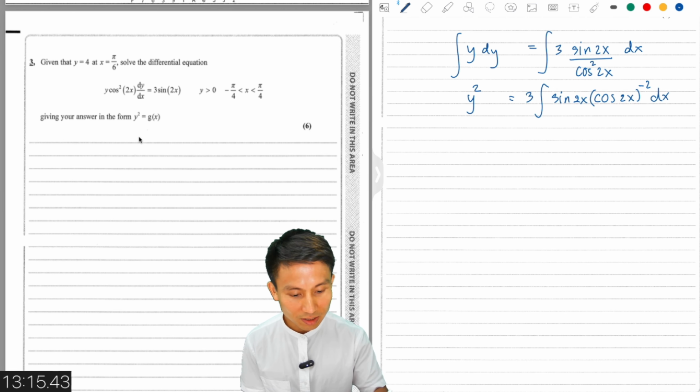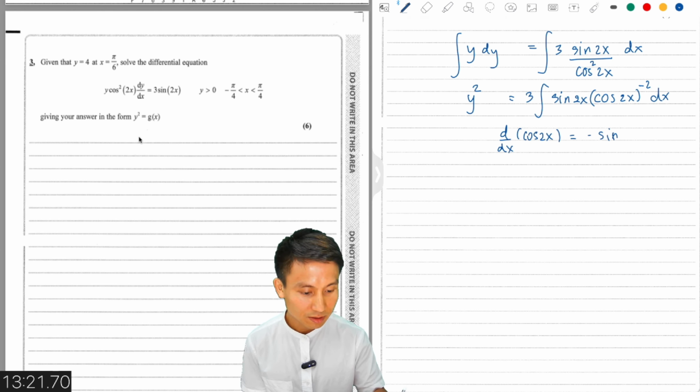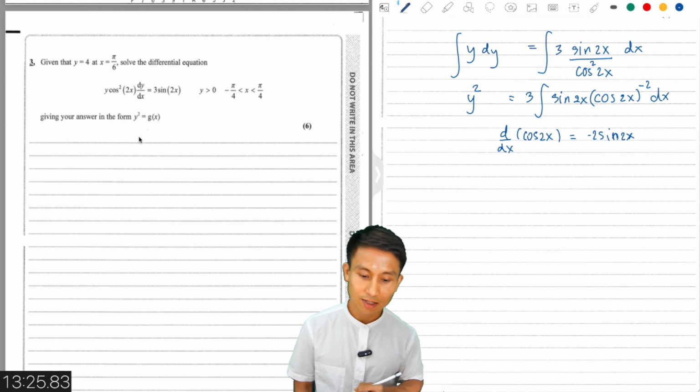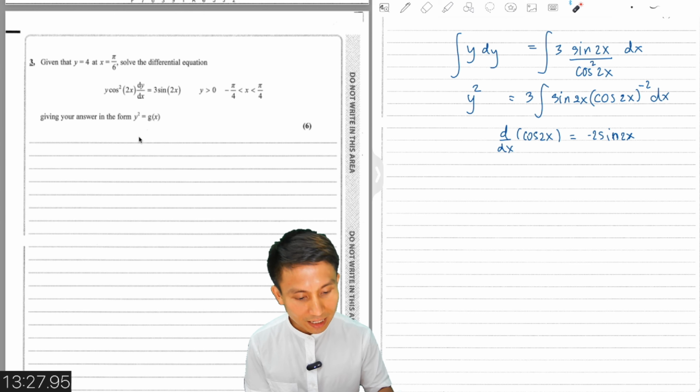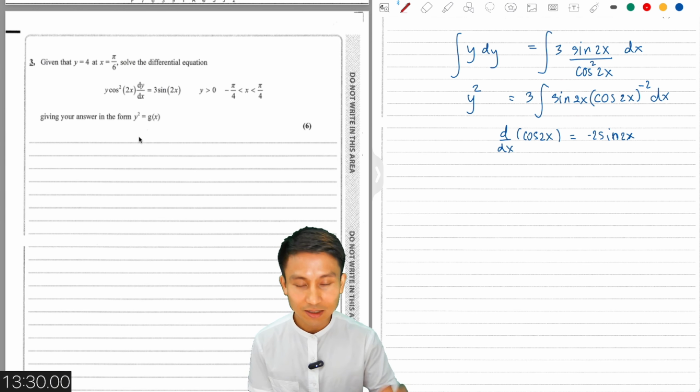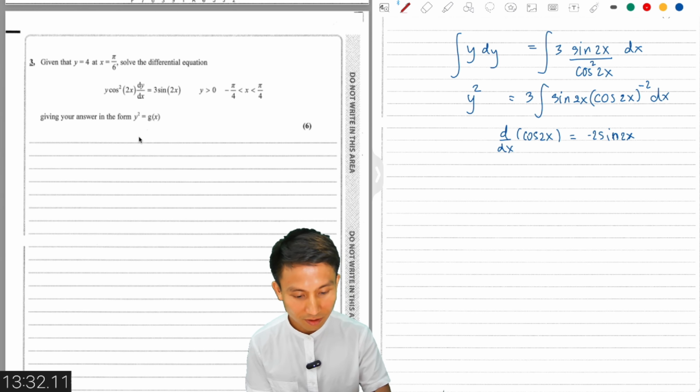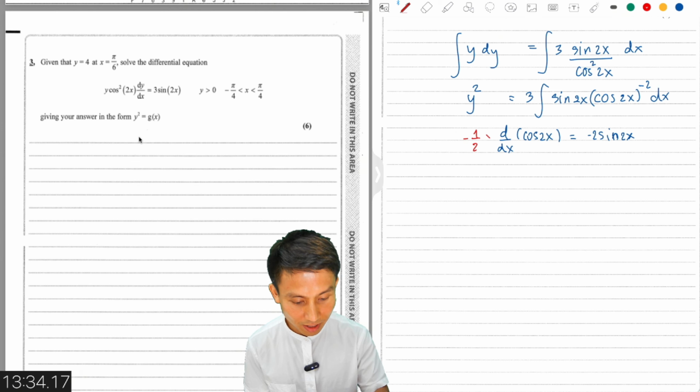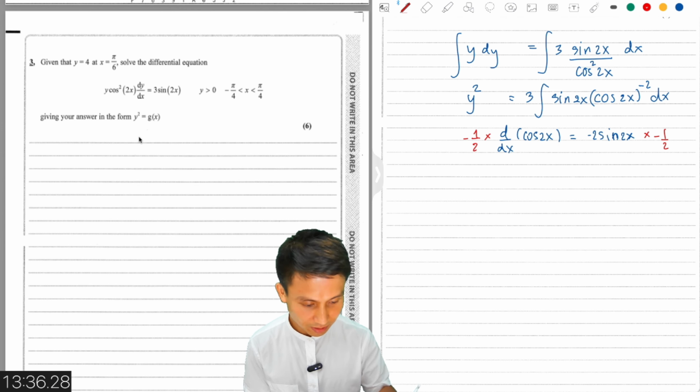So d by dx of cos 2x gives minus sine 2x, and then times 2 outside there. Now, it's not exactly sine 2x here, so I need what's called a correction factor, by multiplying by minus 1/2 to get it to just 1.